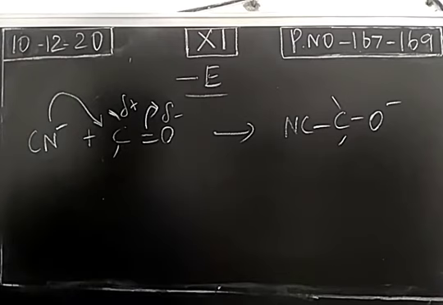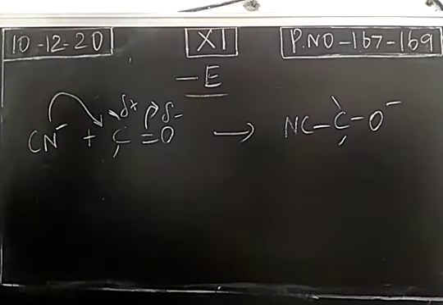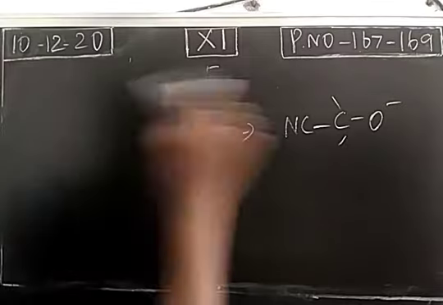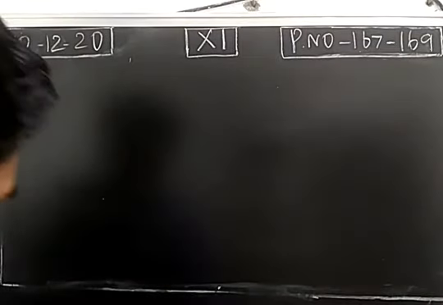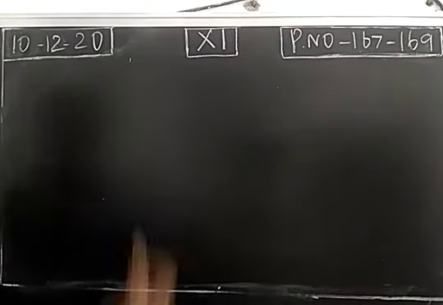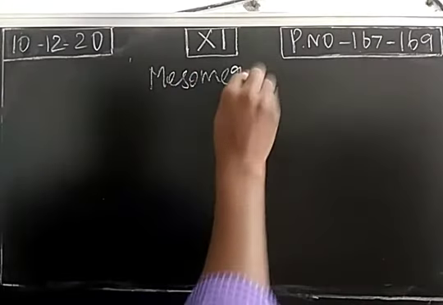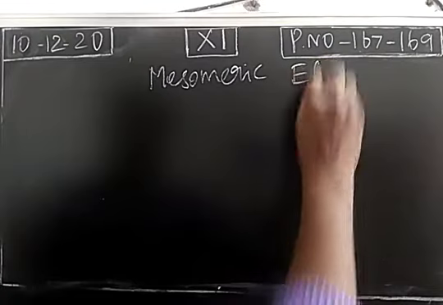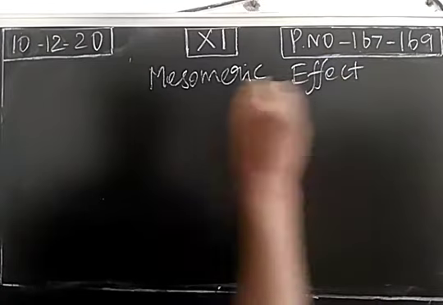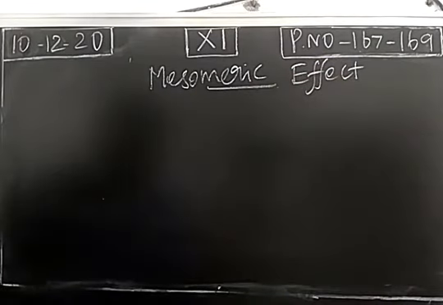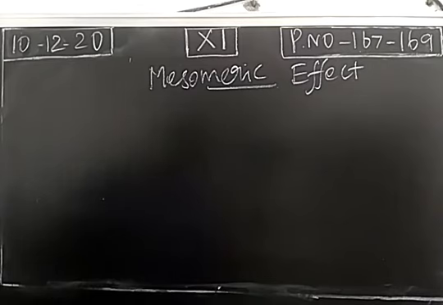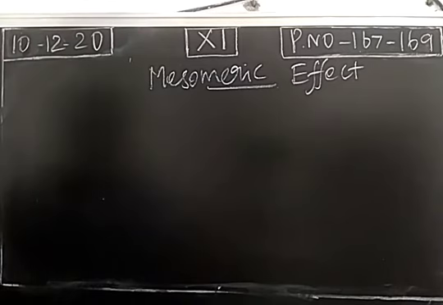So two effects we have completed, the inductive effect and the electromeric effect. The third one is the resonance effect or mesomeric effect. Another name for mesomeric effect is resonance effect.